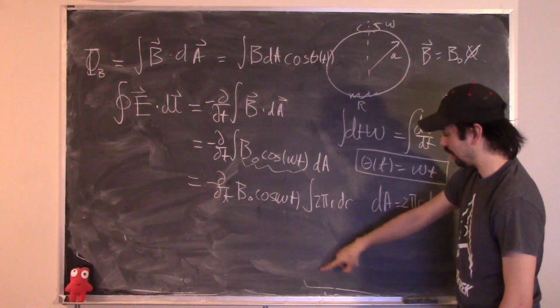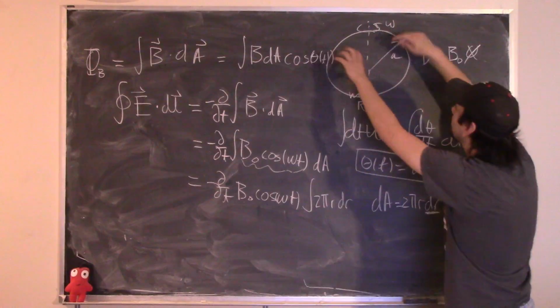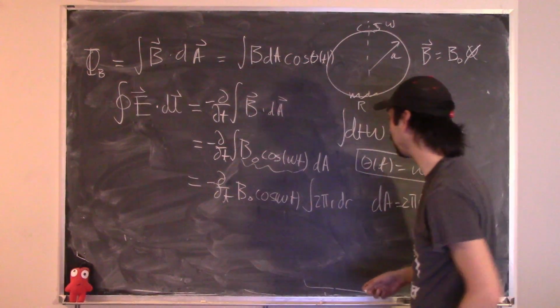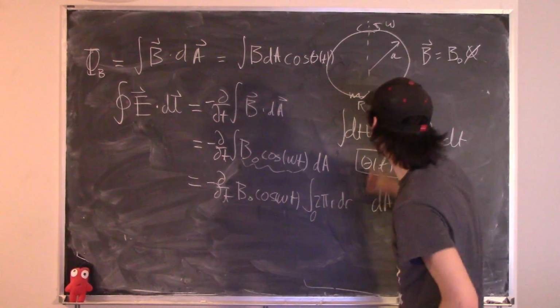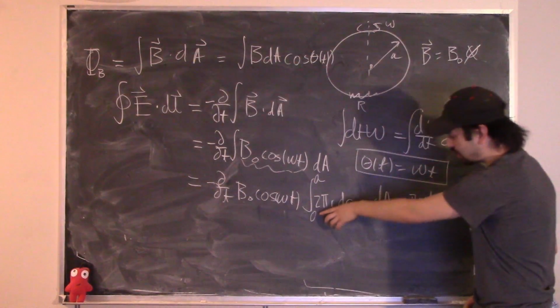Now, to evaluate this integral, we need to remember that this is really a definite integral that's parameterizing the area of this loop of wire that I have here. And so what that means is that this begins at 0 and goes out to the radius a.